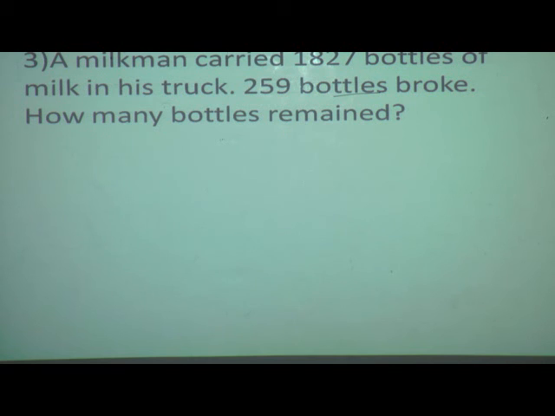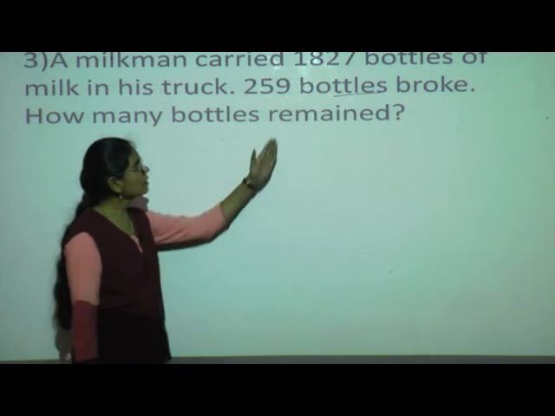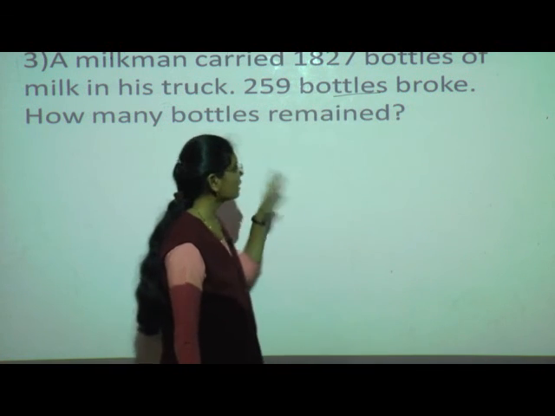How many bottles remain? See, what is the question? A milkman carried 1827 bottles of milk in his truck. Now initially, how many bottles were there in the truck? In the truck initially there were 1827 bottles of milk.